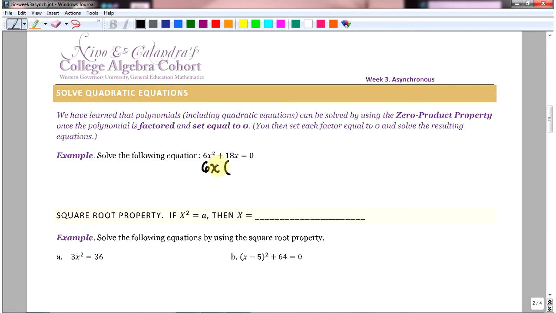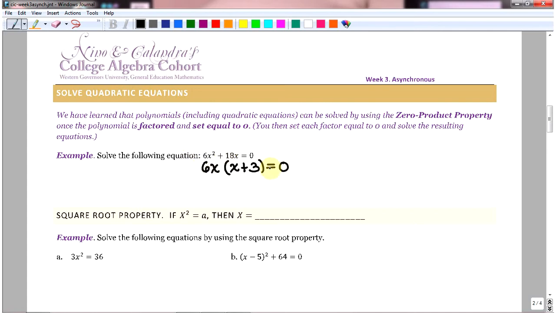What do I have to multiply 6x by to get 6x squared? The answer is x. What do I need to multiply 6x by to give me the 18x I started with? That's plus 3. Okay, so now that we have it factored and equal to 0, remember factoring is really the opposite of the distributive property.